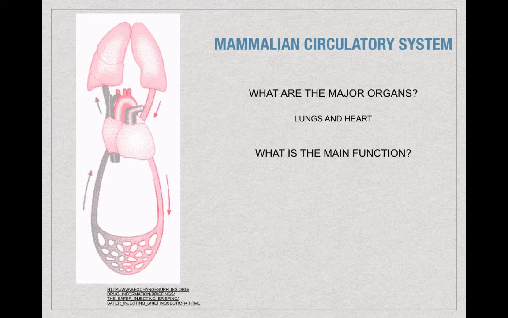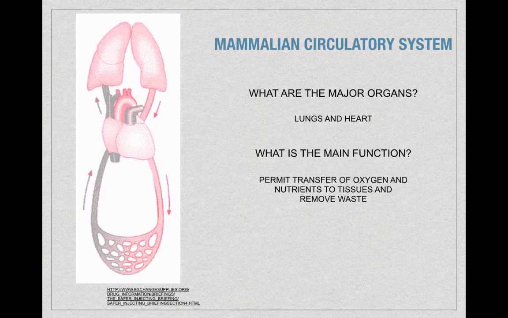Second question, what is the main function of the mammalian circulatory system? The main function is to permit the transfer of oxygen and nutrients to tissues and also to remove waste. So for our purposes of mathematical modeling, what I want you to realize about this is that this is a closed system.